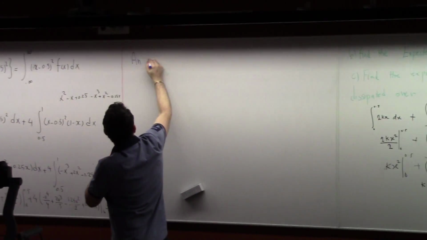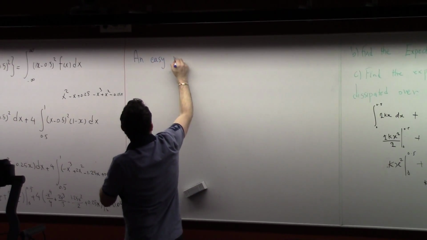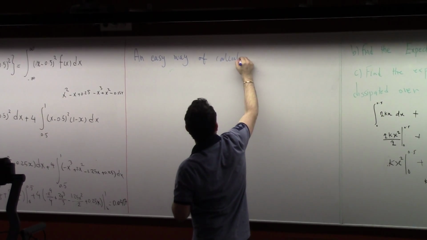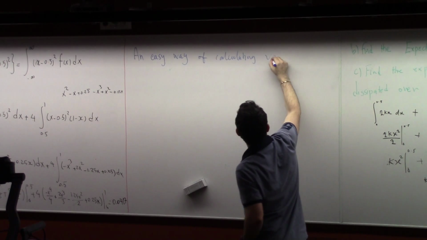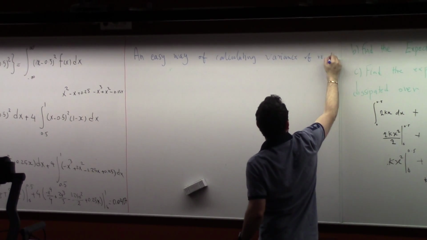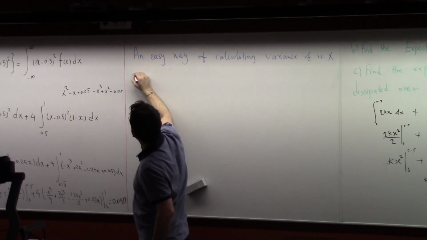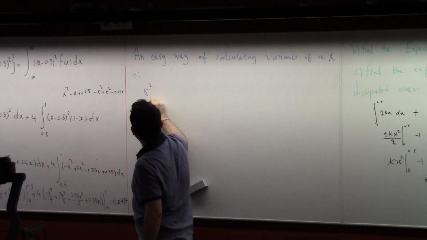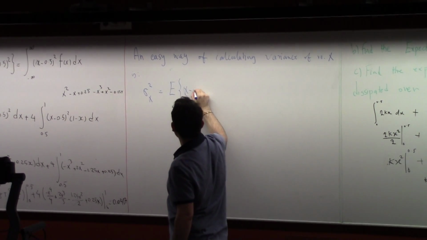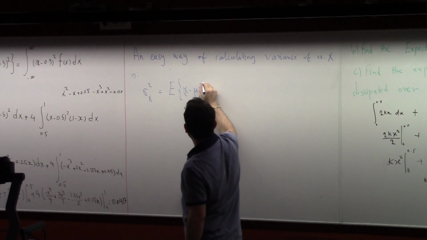An easy way of calculating the variance of random variable x: sigma square of x is the expected value of x minus mu squared, that was the definition, right?